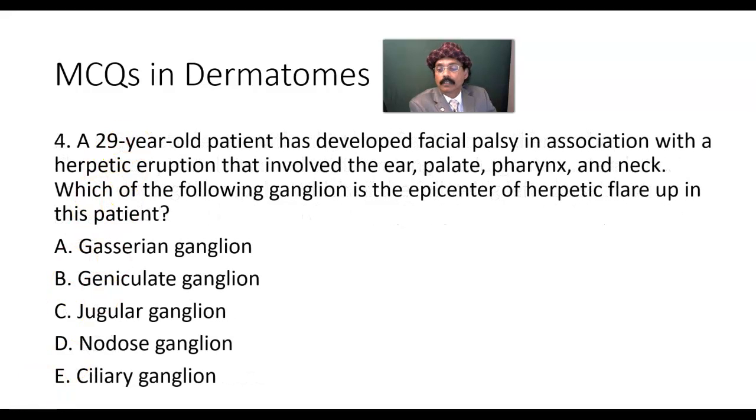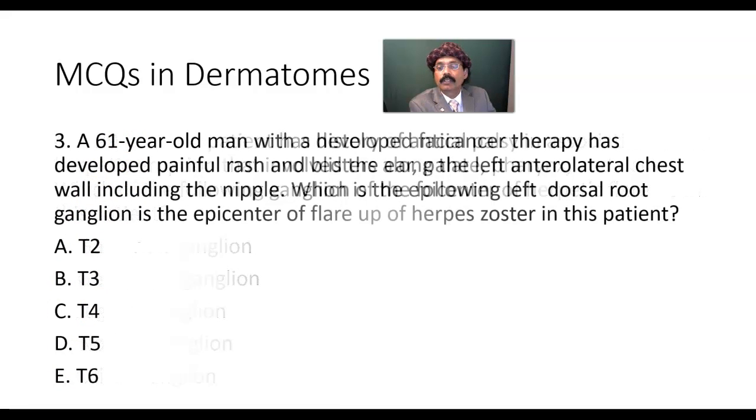Then we'll go to number 3. A 61-year-old man with a history of anti-cancer therapy has developed a painful rash and blister along the left anterolateral chest wall, including the nipple.